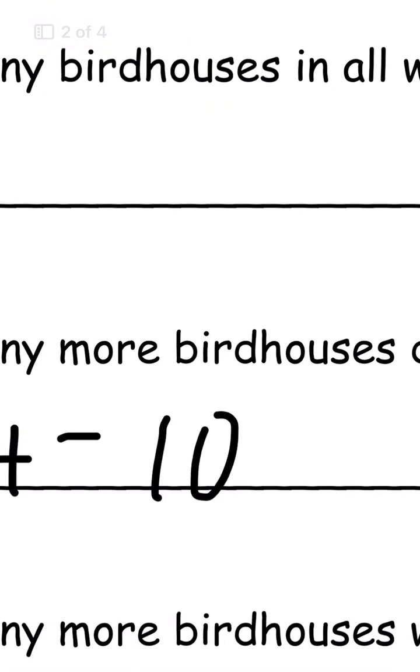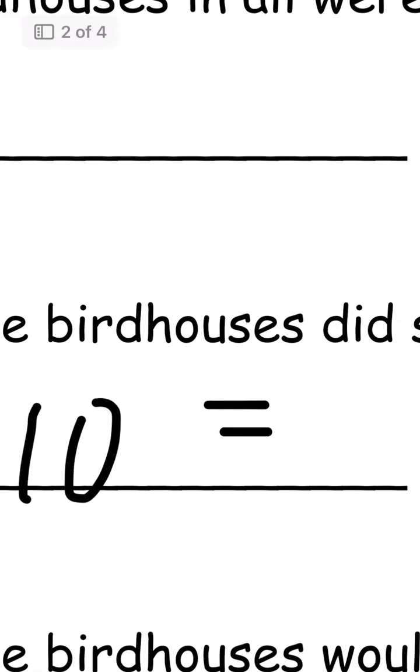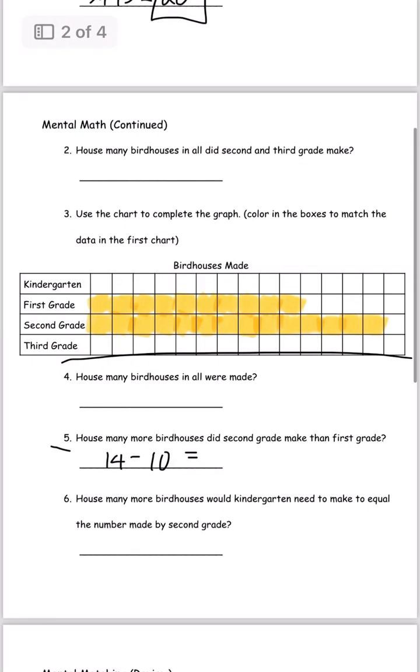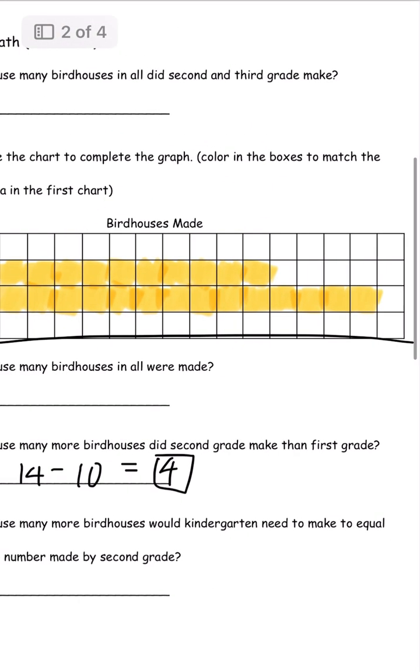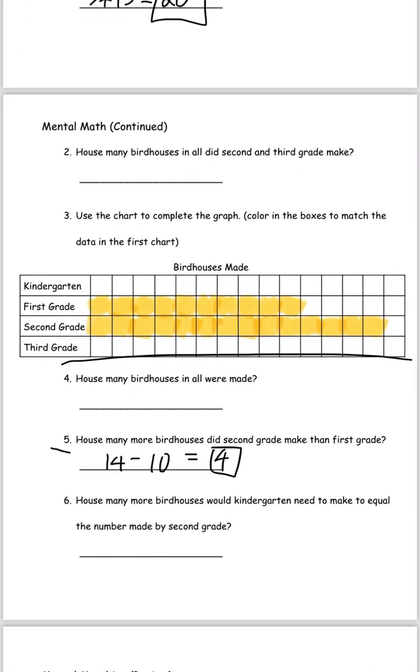And that's why we colored in 10 boxes before. So we have to subtract 10 from 14, which would be 4. So the second grade made 4 more birdhouses than the first grade. So 4 is going to be the answer for number 5.